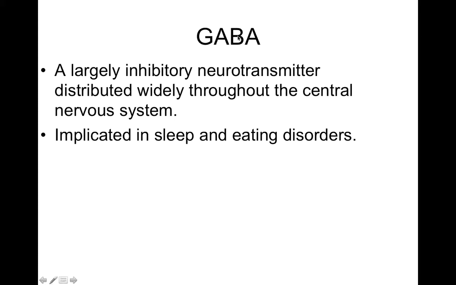GABA. GABA is a neurotransmitter. GABA, you don't have to know, but GABA stands for gamma aminobutyric acid. People who have low levels of GABA sometimes have extreme anxiety, but it's mainly an inhibitory neurotransmitter, and involved with sleep and eating disorders.